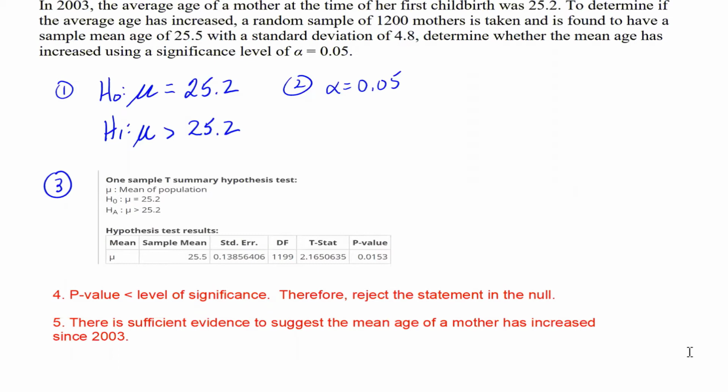I mean, no, not at all. And so these results, while statistically significant, really have no practical significance, meaning it's not like you'd get on the news and say, wow, the age of mother has gone up almost 4 months. People would be like, who cares? Big deal, right? And so there's really no practical significance in these results, even though they have statistical significance.